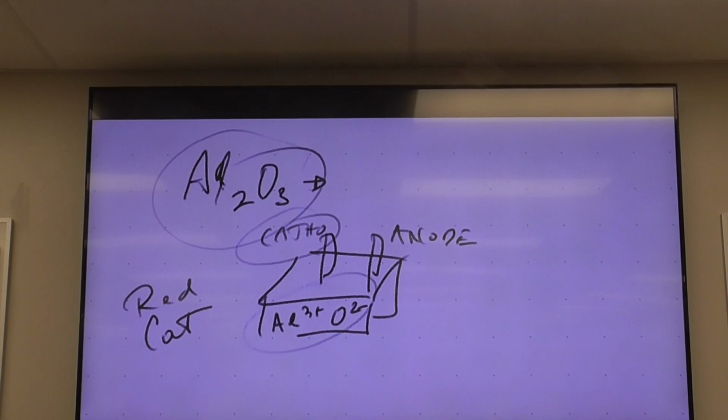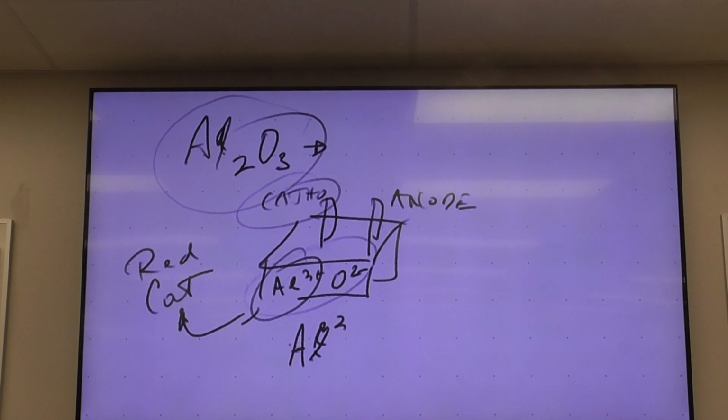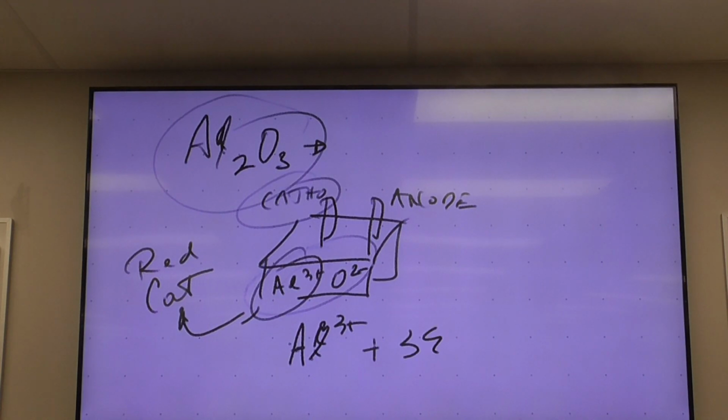The aluminum, because that's your cation. That's going to go to the cathode. So your Al3+ is going to gain 3 electrons and turn into elemental aluminum.